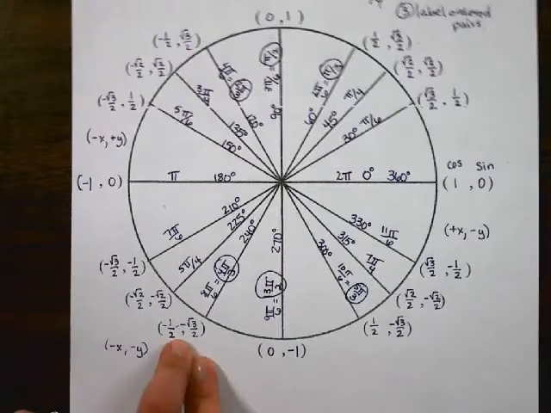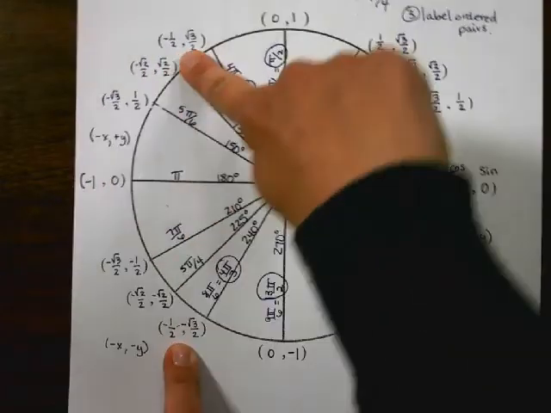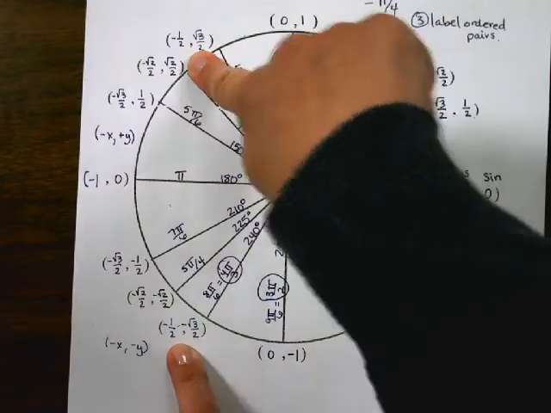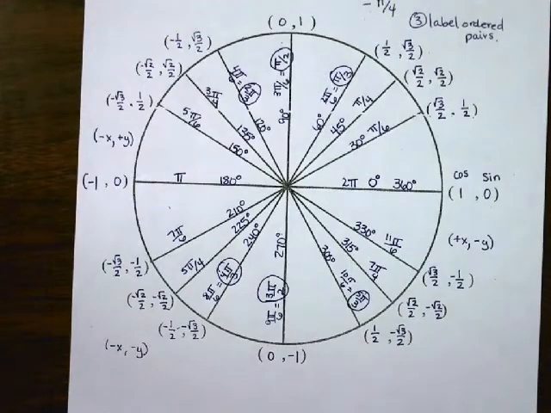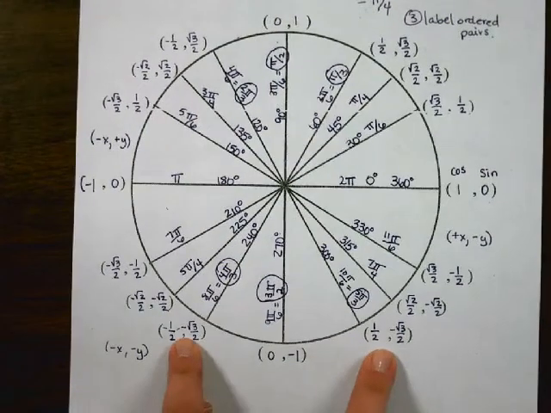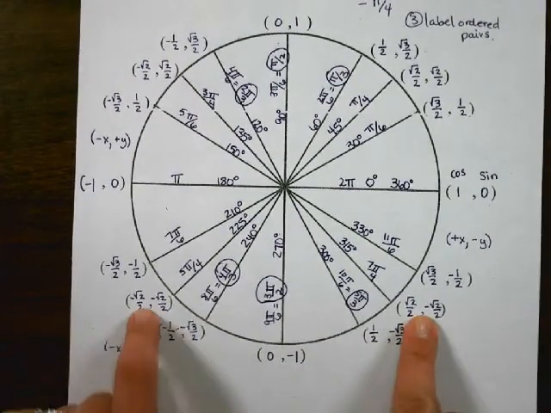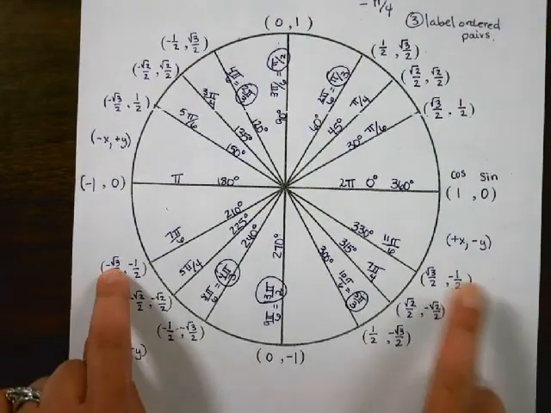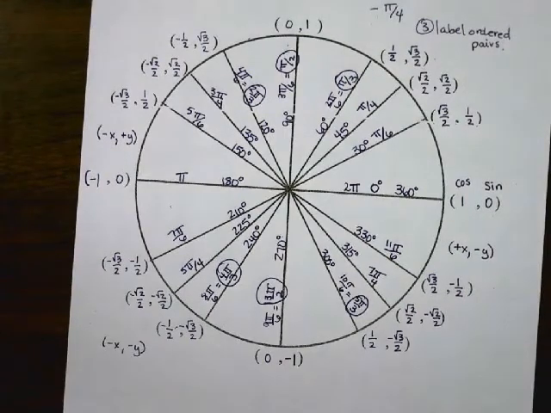So this ordered pair should have the same numbers as that ordered pair. They'll just both be negative. You could also do it this way. So these ones will be the same, these ones will be the same, these ones will be the same. Okay. Does that clear up the unit circle?